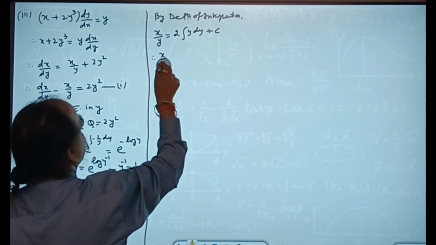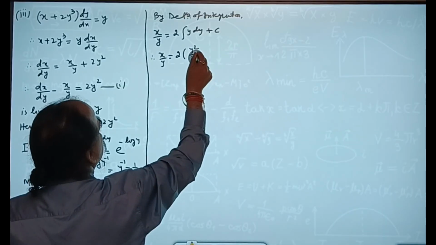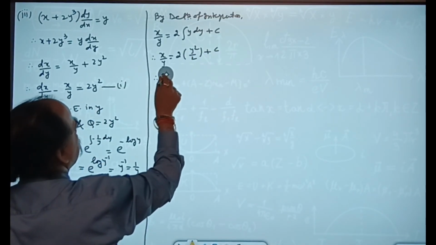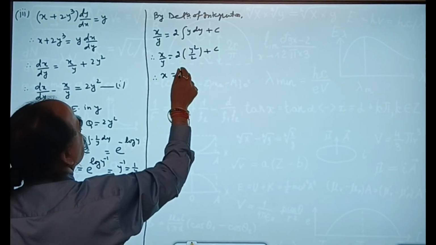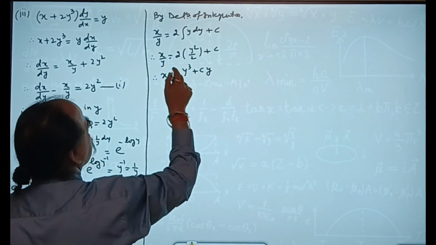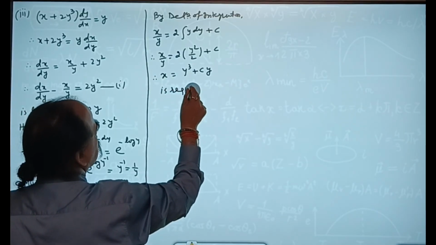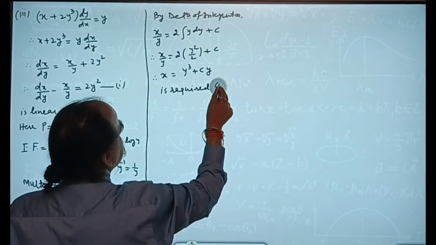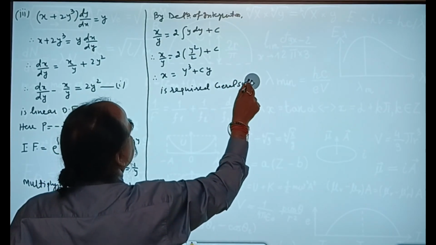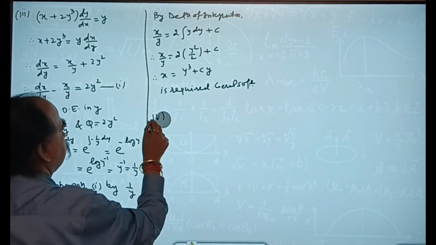So x upon y is what? 2 into y²/2 + c. So x = y³ + cy is the required general solution.